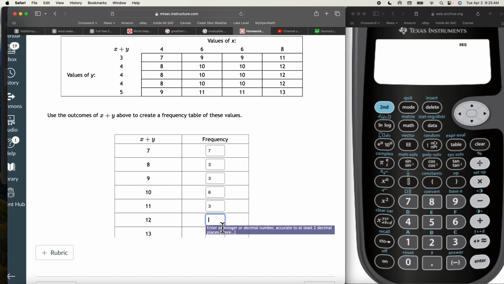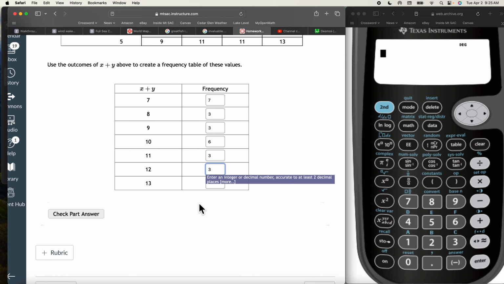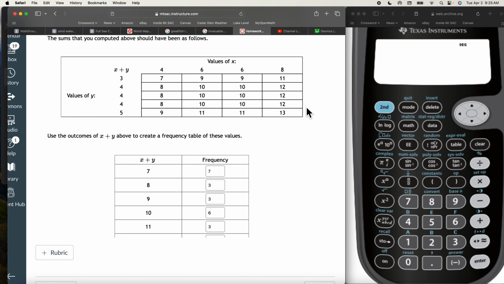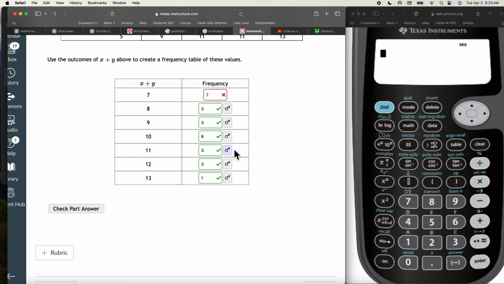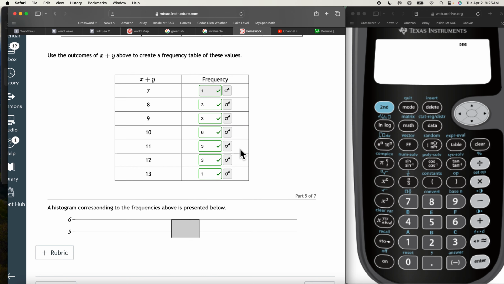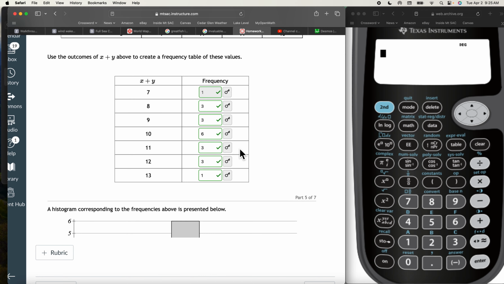The 12, there's 3 of those also. And the 13, I'm guessing, appears only 1 time. Yep. So those are good. Oh, I screwed up on my 7. I think I typed wrong, so that should have been a 1. Okay, so those are correct.